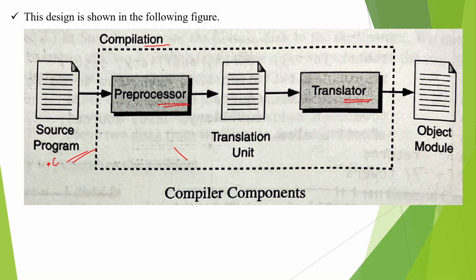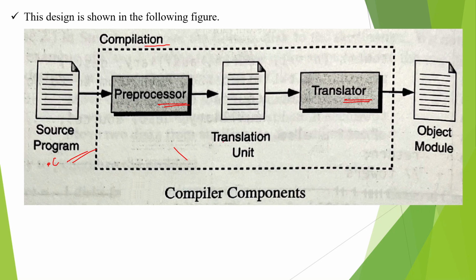Sometimes the actual code will be present in header files, and sometimes inside your program only. So depending upon the nature of the preprocessing command, it will replace those commands with their actual code.